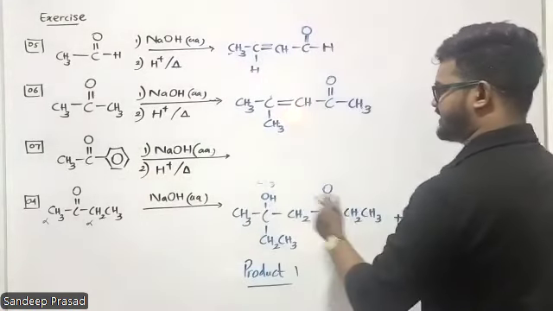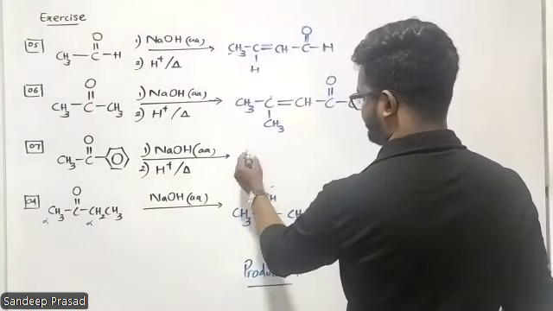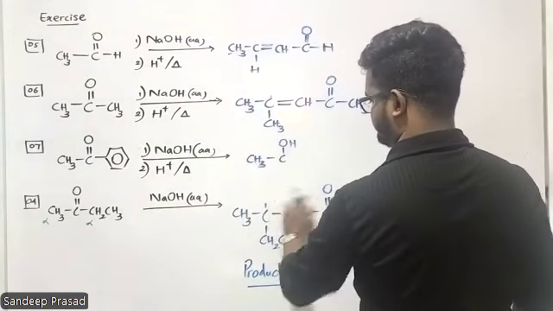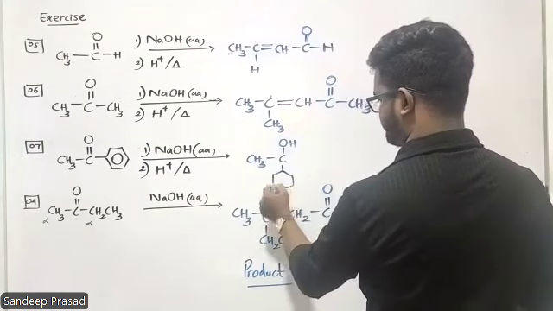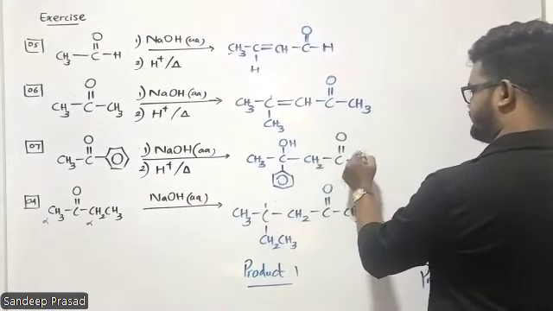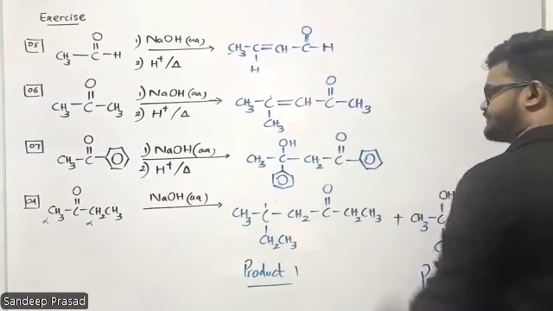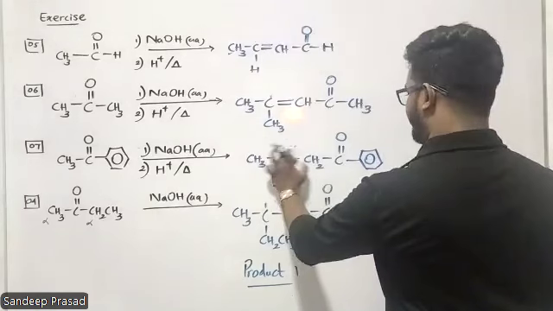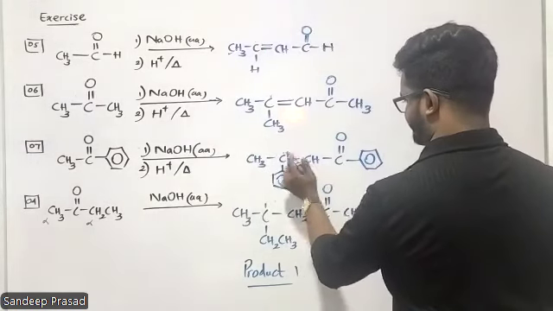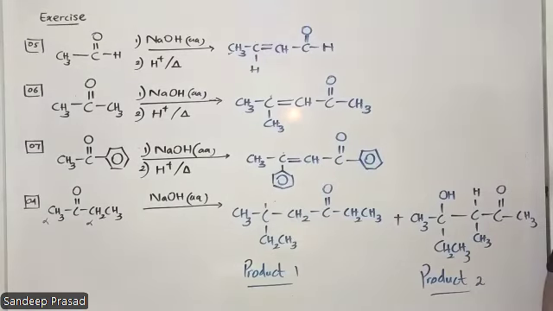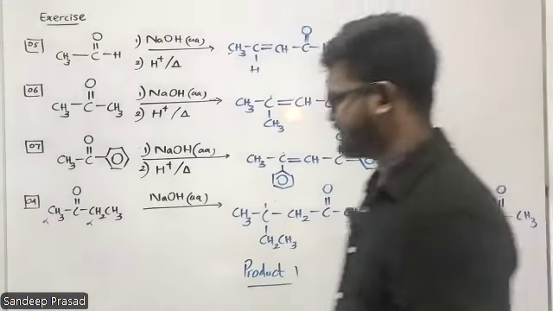First of all, you can obtain the first product, CH3, OH, phenyl ring, and CH2, C double bond O, phenyl ring. So after addition of H plus and heat, OH is eliminating with the hydrogen here, then it's making a carbon-carbon double bond. Okay.